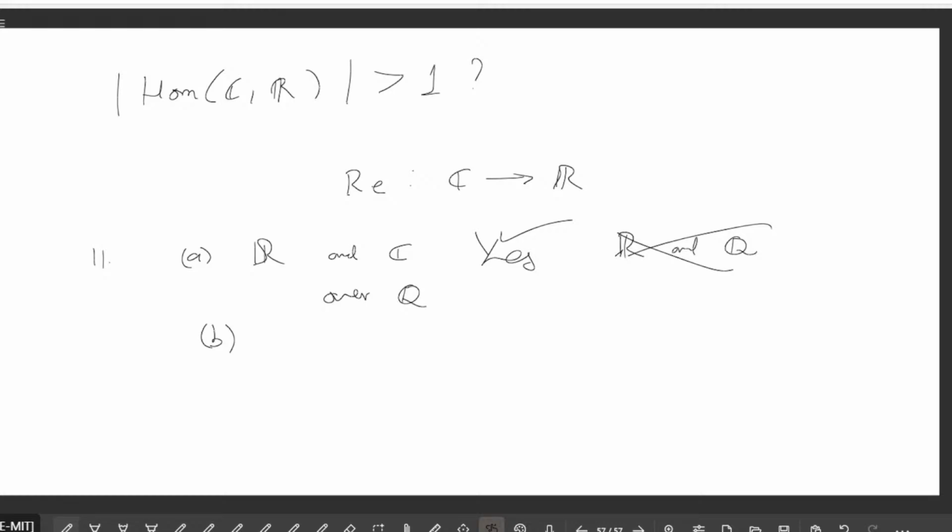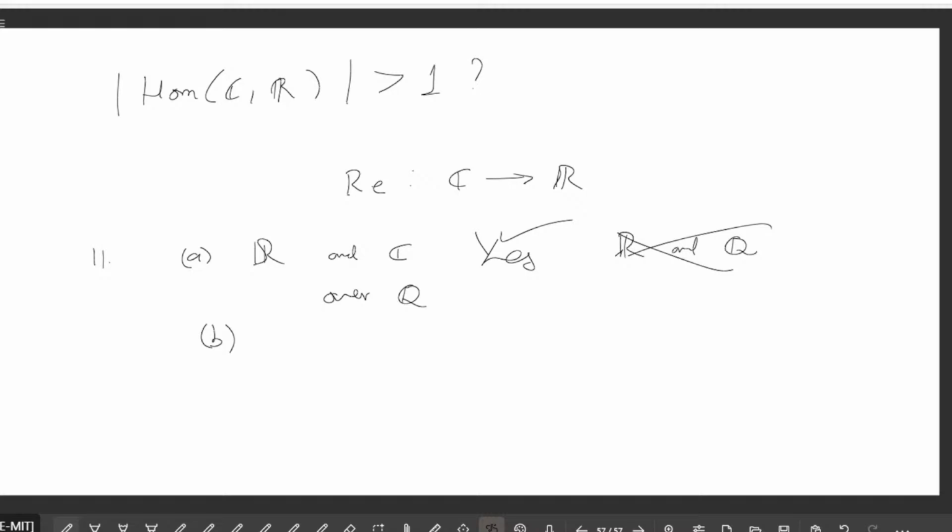Or another way to say it: what are the finite subgroups of R star? How many finite subgroups are there in R star, under multiplication? 1 and minus 1, that's it.